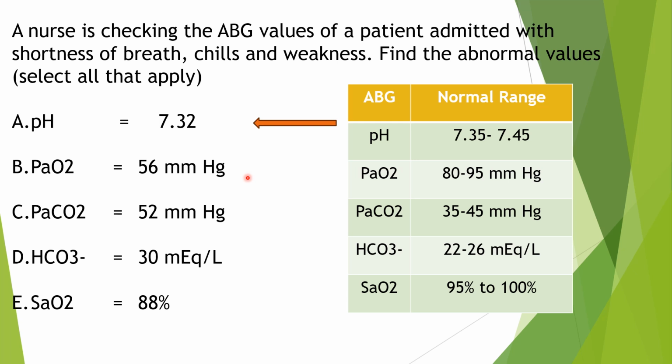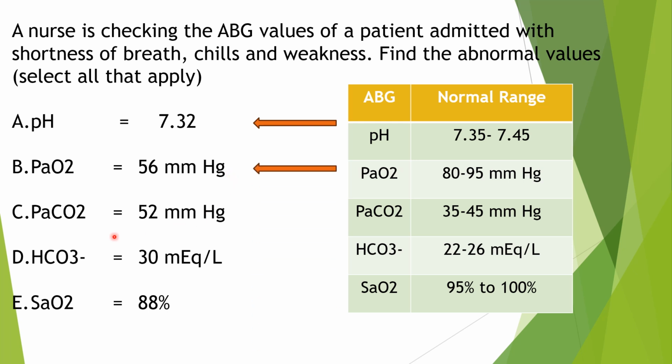So here, seeing this value itself, the partial pressure of oxygen is less than 60 mm of Hg. That is an indication of oxygen therapy. The normal should be 80 to 95. So here this ABG analysis itself is showing that the patient requires oxygen therapy.